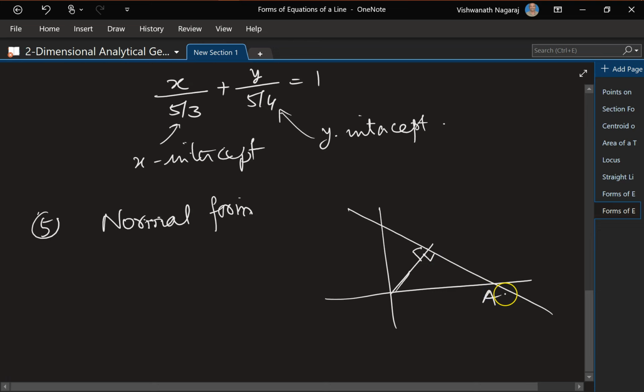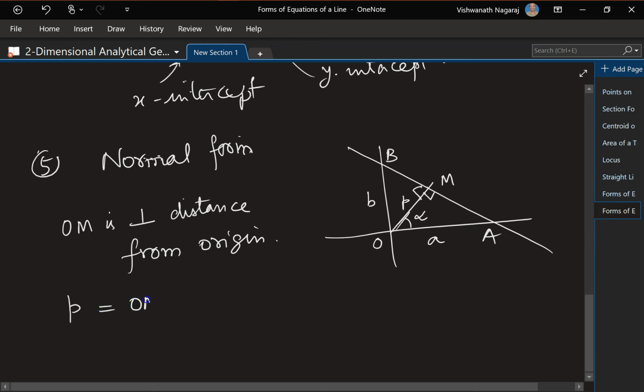So this is A, this is B, this is O. Let's say this distance is a, this distance is b, and this perpendicular distance is p, and this angle is alpha. And let's say this is M. So OM is the perpendicular distance from the origin.